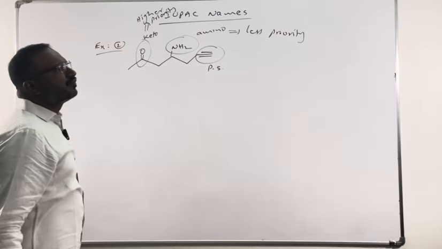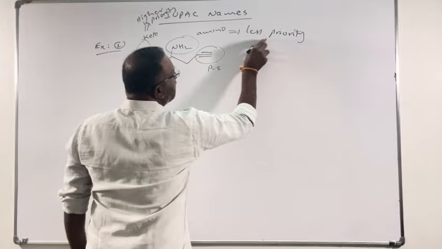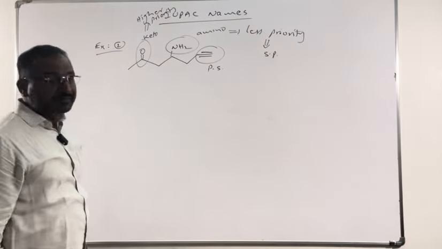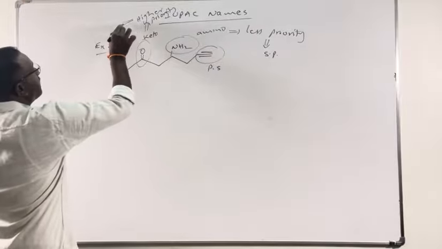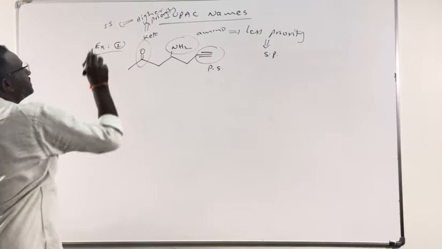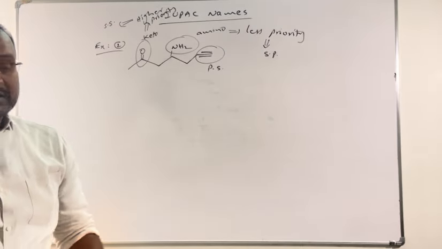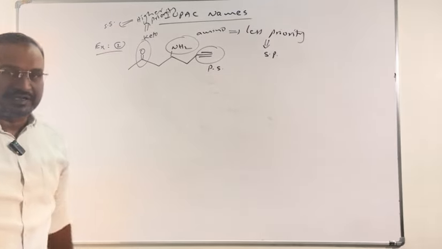Any functional group which has less priority comes under secondary prefix, and the group which has higher priority comes under secondary suffix. So this is the functional group identification and category identification.